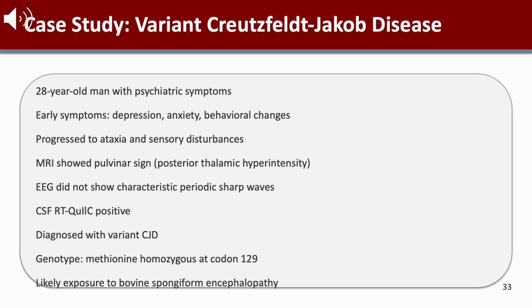Electroencephalography did not show the periodic sharp waves typical of sporadic Creutzfeldt-Jakob disease. Cerebrospinal fluid analysis with the RT-QuIC assay was positive. He was diagnosed with variant Creutzfeldt-Jakob disease. Genetic testing revealed that he was homozygous for methionine at codon 129, which is associated with susceptibility to variant disease. His exposure to bovine spongiform encephalopathy was likely through consumption of contaminated beef products.